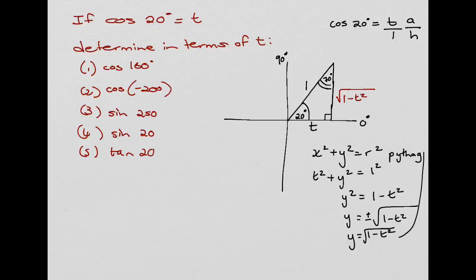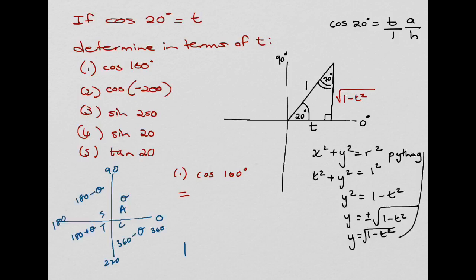So we're going to look at question 1 here. It says cos of 160 degrees. So now you have to go back to your cos diagram and see where is 160 degrees. And if we have a look, 160 degrees is in sine's quadrant. So you've got to ask yourself, 180 minus what will give you 160 degrees? And that is going to be 20.